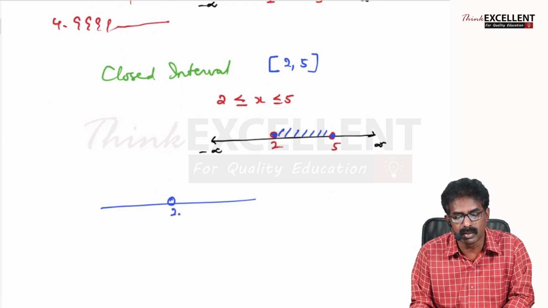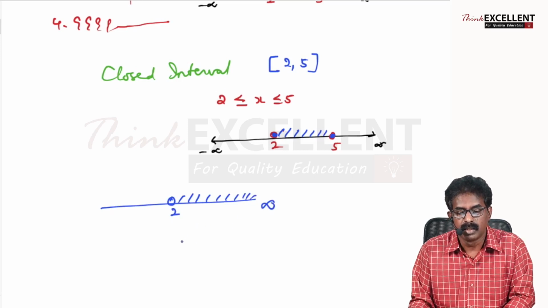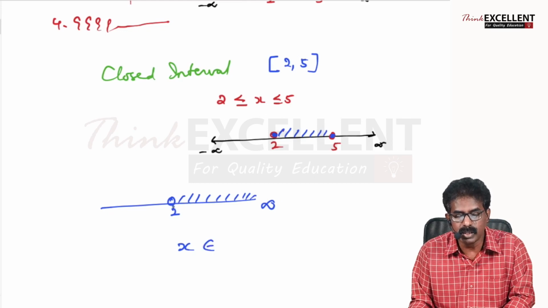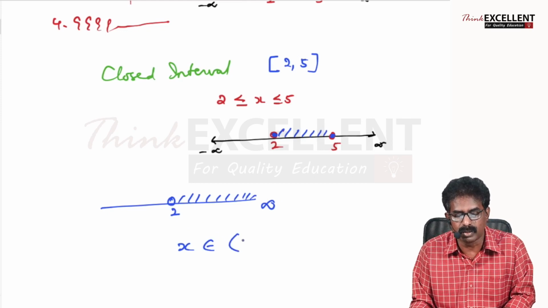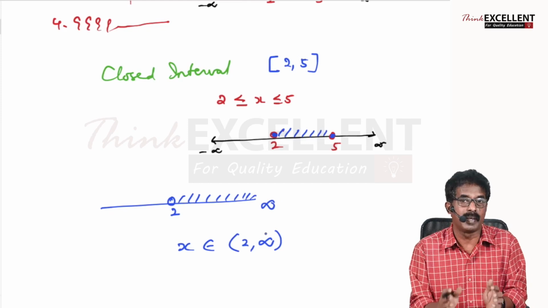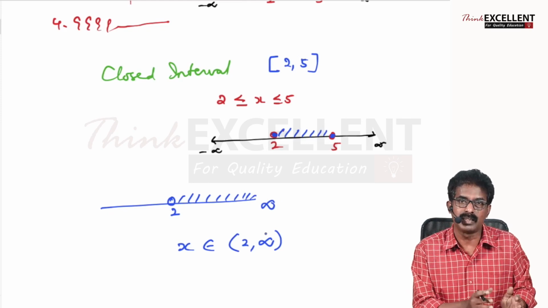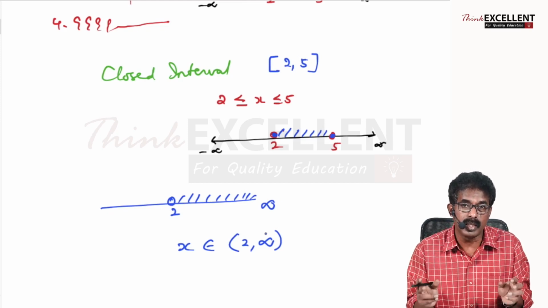Say 2 is here, and here infinity. How can you mark this as an interval? X belongs to, 2 is not included. So you cannot write closed interval. You can write only open interval, right? 2 comma infinity. Infinity always you put open interval. Infinity and minus infinity always you use only open interval.